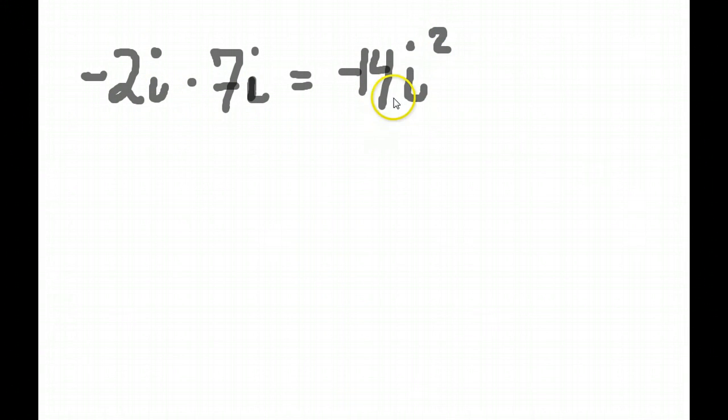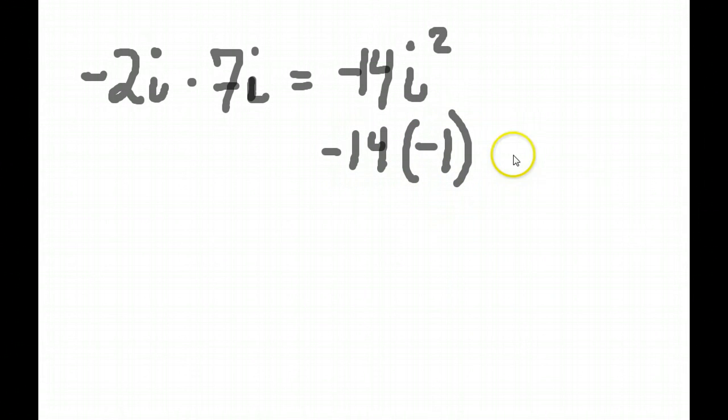So now we have negative 14 i squared, but we can't leave it like that because we know i squared is negative 1. So we have negative 14, open parentheses, negative 1, close parentheses. So now we have negative 14 times negative 1, which gives us a positive 14. So we can say negative 2i times 7i equals 14.